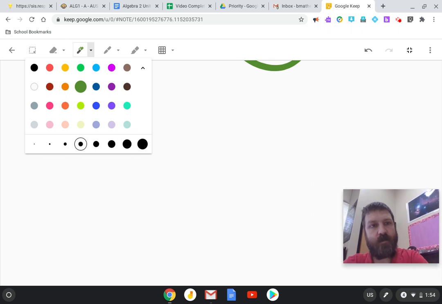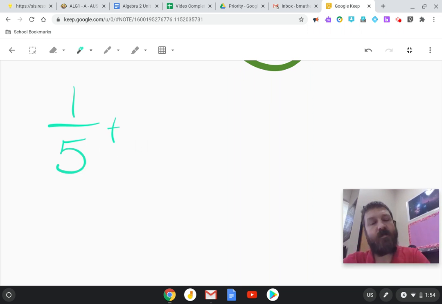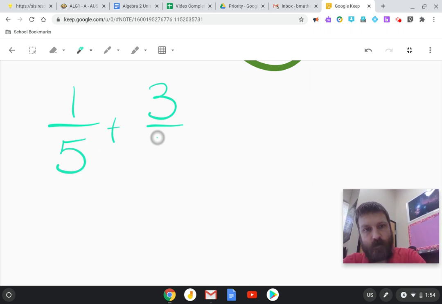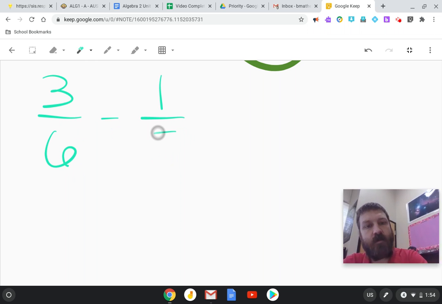So let's say I was going to add 1/5 plus 3/6. Actually, let's change this to a subtraction problem. Let me go back. Let's do 3/6 minus 1/5. Sorry about that.